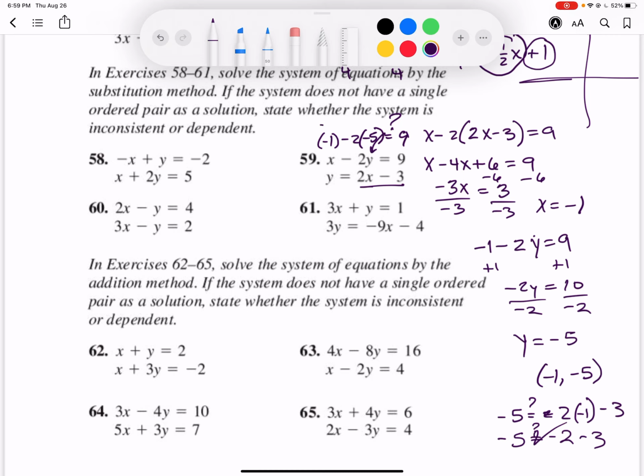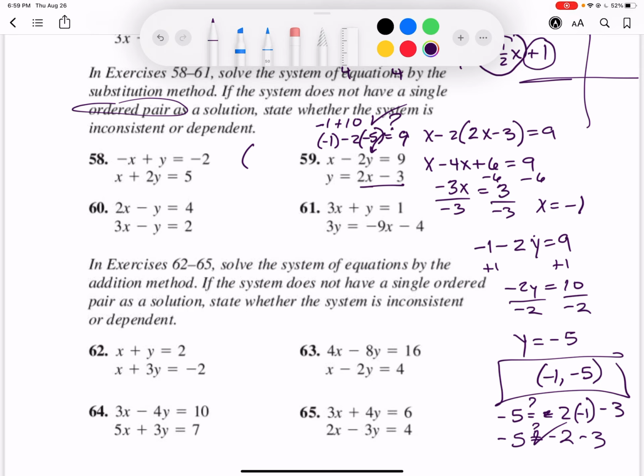And so that's going to give us a negative 1 here and a positive 10 here. So yes, it is a solution. Here is the ordered pair: negative 1, negative 5.